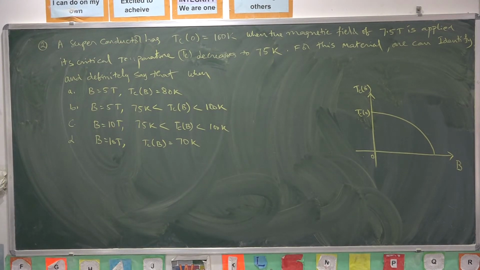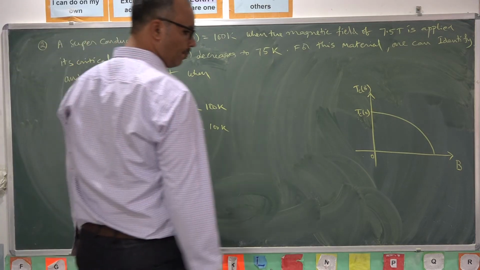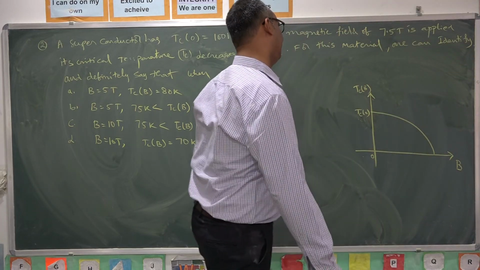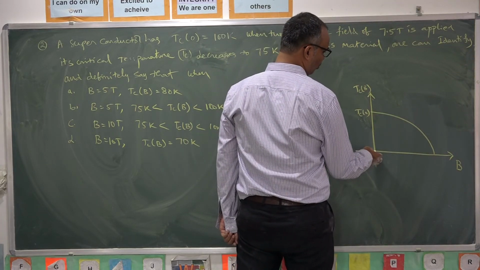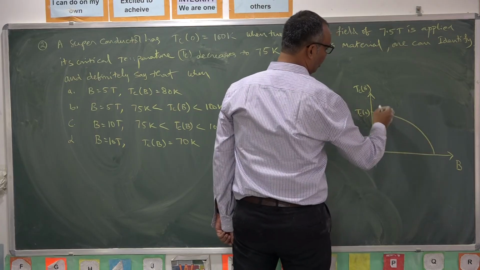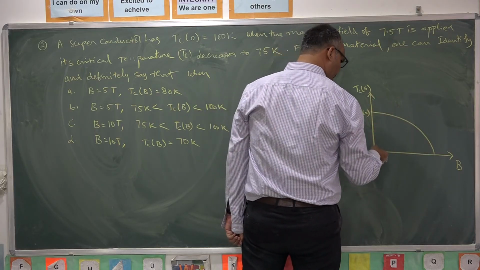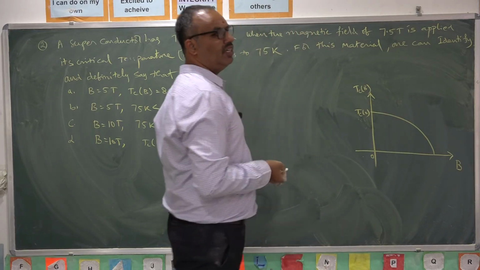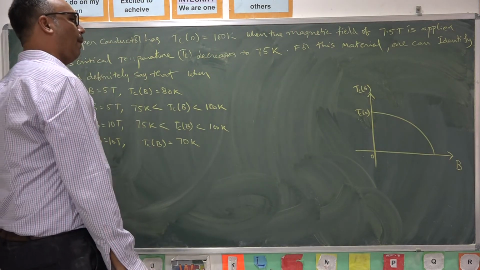Read the question carefully to get the answer. Once again, you observe the figure given in the question. As per the question, when you increase the temperature, B value decreases. Or when you increase the B value, T value decreases. So B and T are inversely proportional.